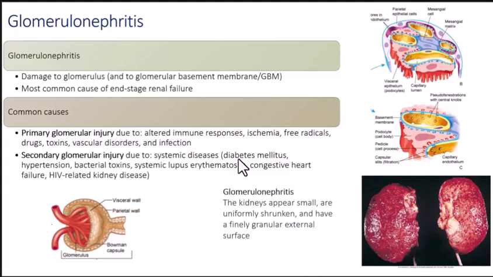So, for example, diabetes mellitus, hypertension, bacterial toxins, systemic lupus erythematosus, congestive heart failure, HIV-related kidney disease, and so on. These systemic conditions can affect the function of the glomerulus. And what ends up happening is the kidneys start to shrink and they appear quite small compared to normal. And they also have this finely granular external surface that you can see.